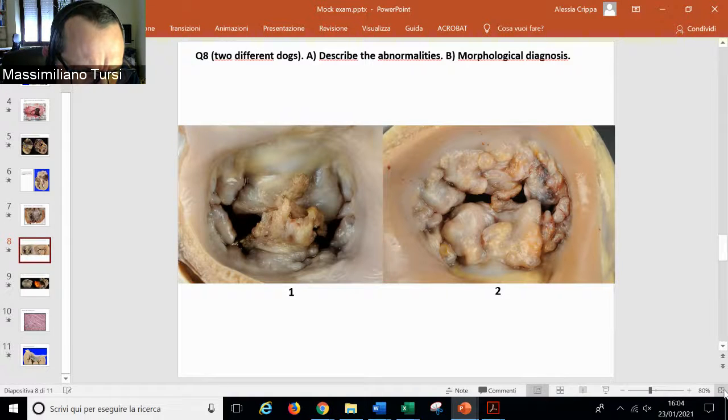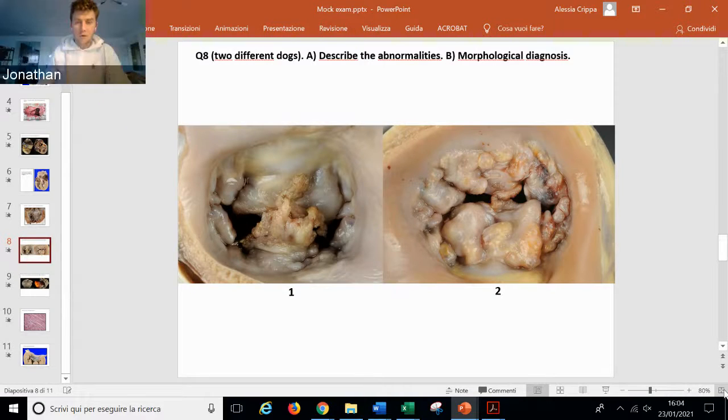Jonathan, what can I say to explain better? Because I understand. So when there is neoformation, you would say polypoid endocarditis. Yeah, polypoid endocarditis. But since there is no new tissue here, it doesn't seem to be.